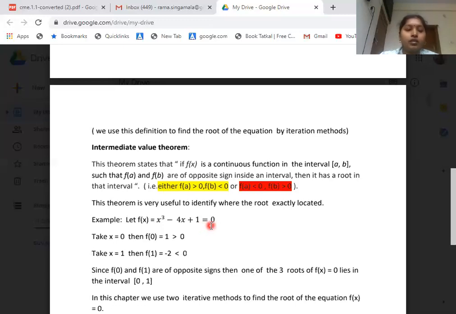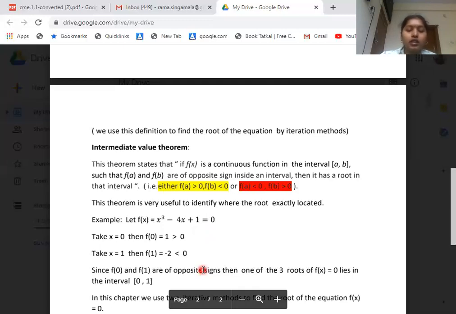There is a computational method. To each root of this equation, we need to identify its location where the root is exactly lying. For example, if we want to find one root of this equation, let us see how to identify the interval. Among the three, any one root can be determined.